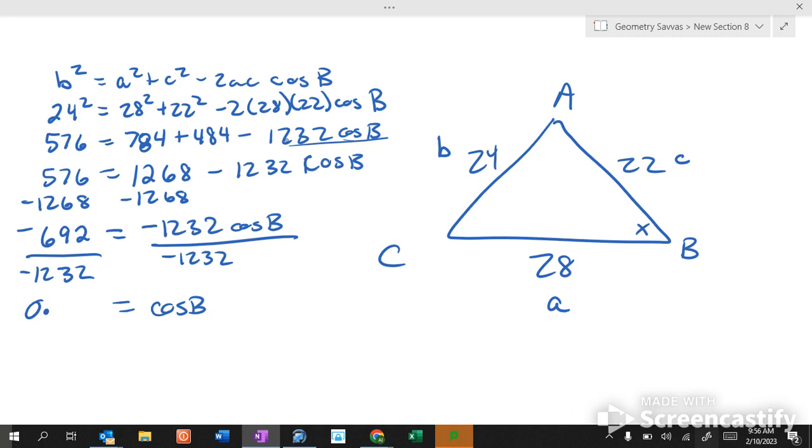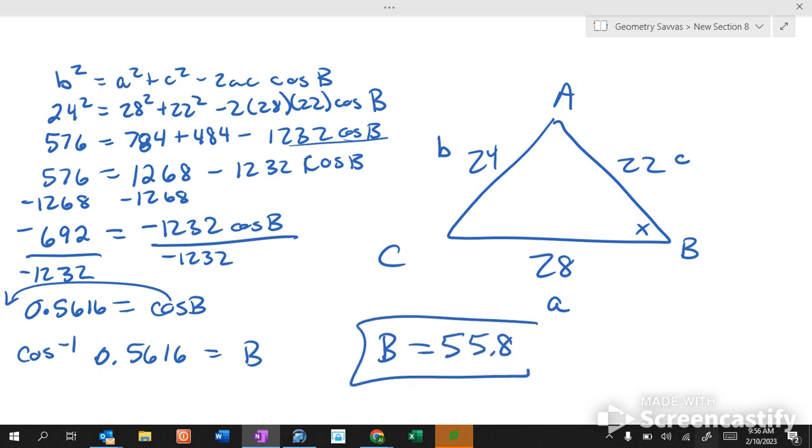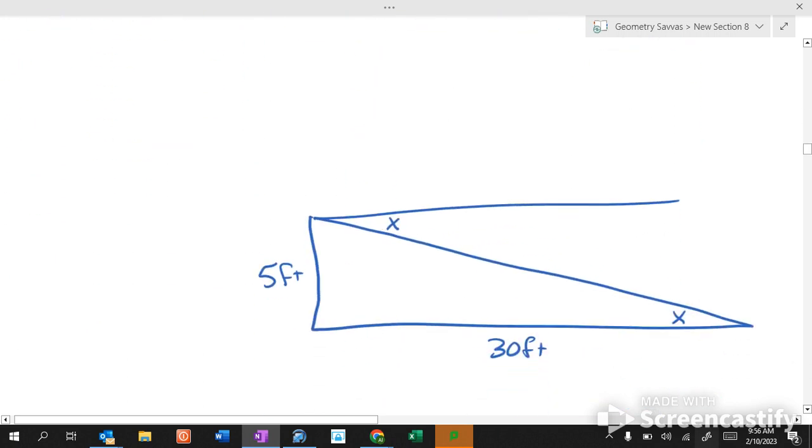Give me 4 decimal places here. And then we move the cosine to the other side, so it's the inverse cosine of 0.5616 equals B. So angle B equals what? So that one's a little bit more work.